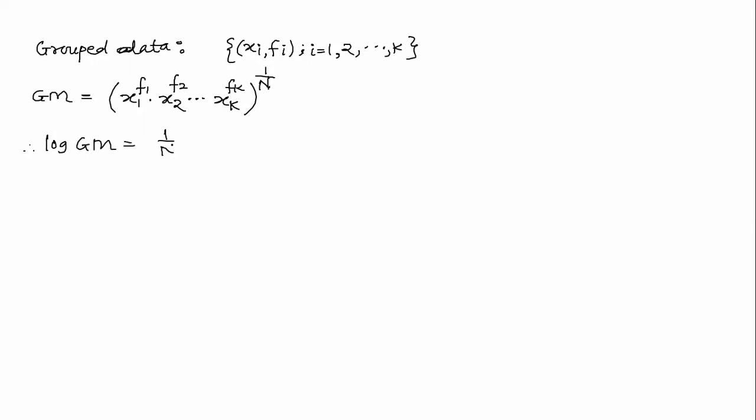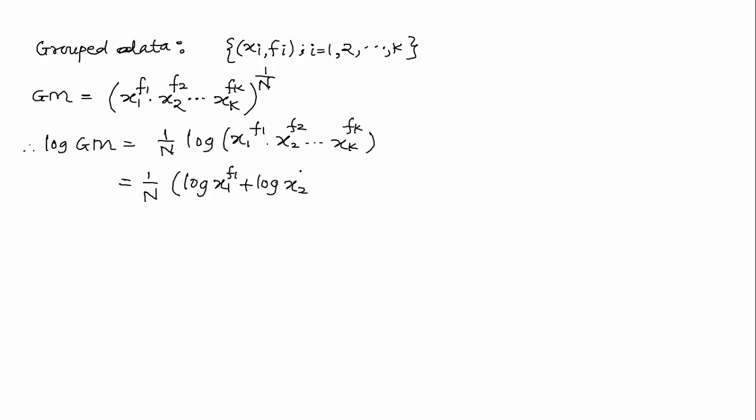So it will be 1 upon N log of x1 to the power f1 into x2 to the power f2 until xk to the power fk, which is equal to 1 upon N. Then you will agree that this is log of x1 to the power f1 plus log of x2 to the power f2 and so on, log of xk to the power fk.